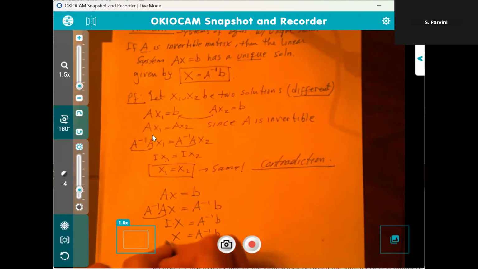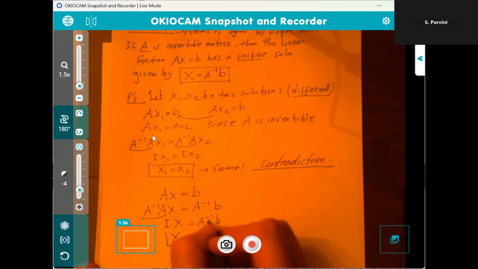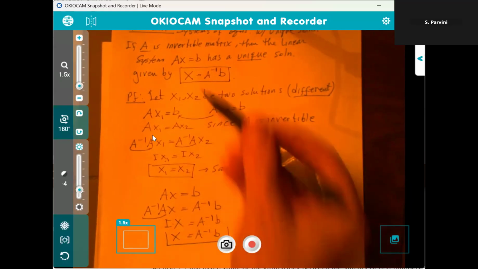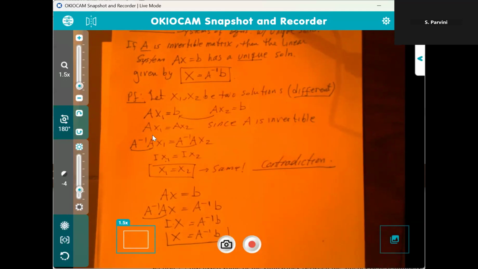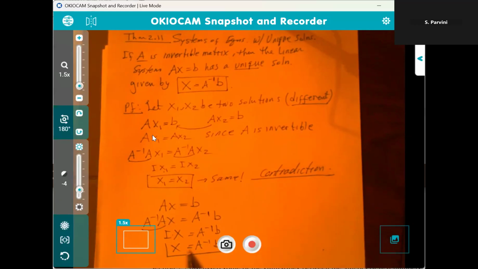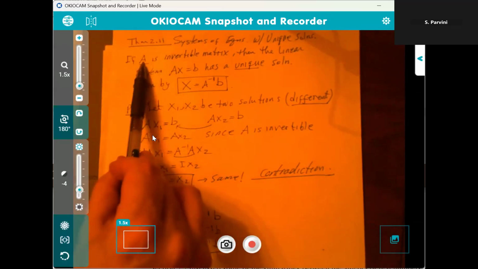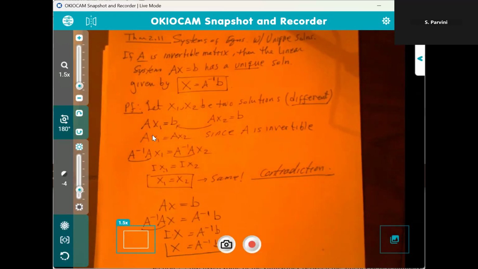I did an example earlier, remember the one that had fractions for the answers, and that's exactly what we showed. So the theorem shows the form of the solution, and we are guaranteed that it's unique, provided matrix A is invertible.